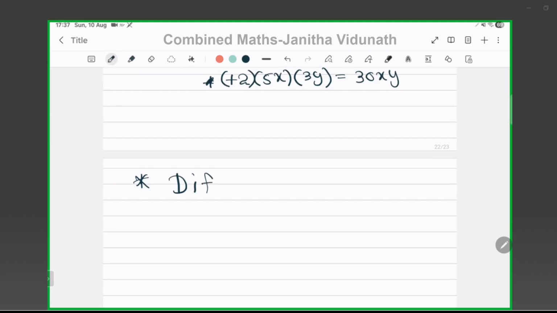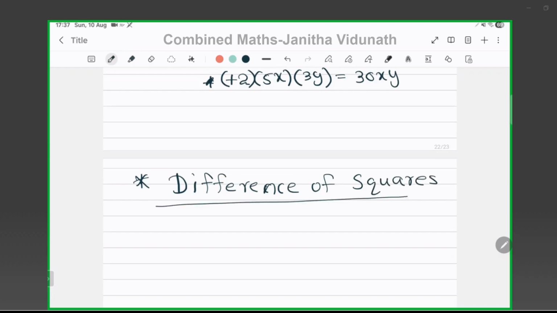I think you already heard this in your O levels. This is another factoring method that we can use to factor algebraic expressions.